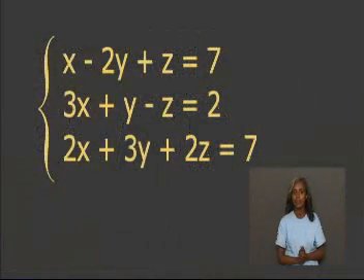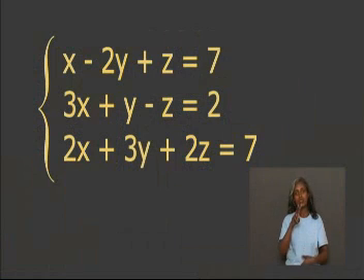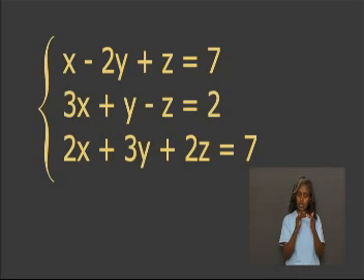Okay, students, let us solve this system of equations. x minus 2y plus z equals 7. 3x plus y minus z equals 2. 2x plus 3y plus 2z equals 7.